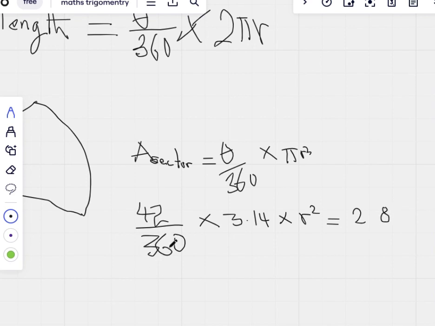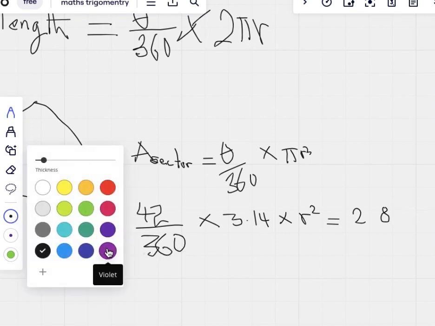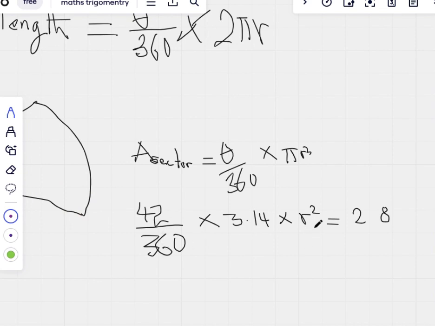So I can multiply both sides by 360. If I multiply both sides by 360, I will eliminate this denominator. So this 360 we cancel this one.